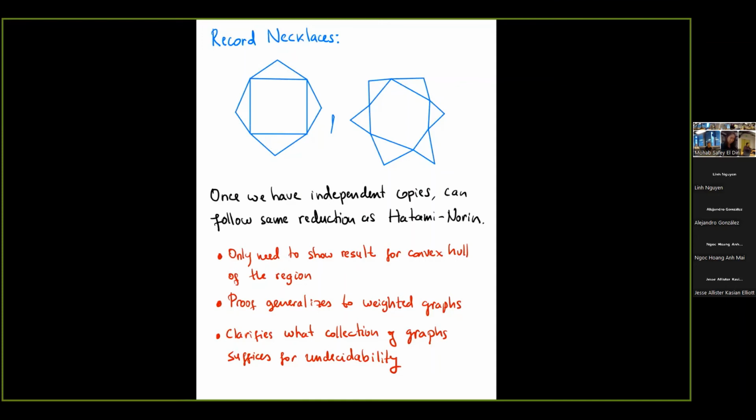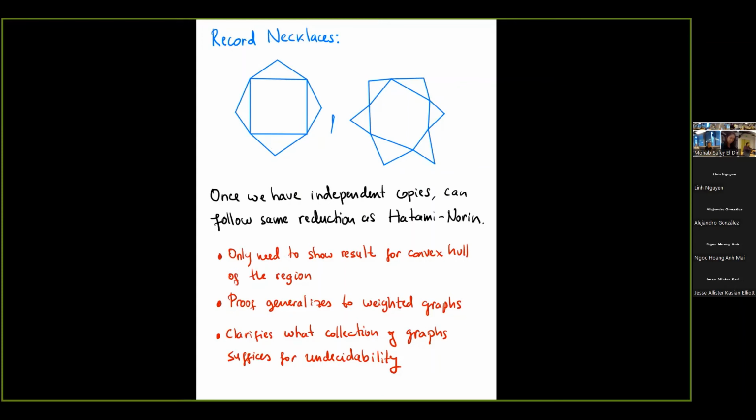What we prove is that essentially doing this gives me access to independent copies of the same region. We don't necessarily need to know that it gives independent copies of the same planar region, because it's enough for us to do the convex hull, and that makes things a little bit easier. We have to prove a little bit less.